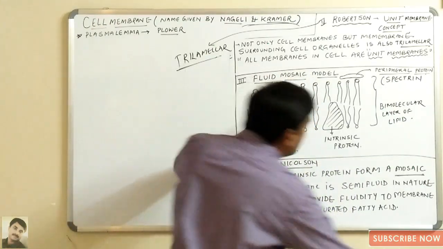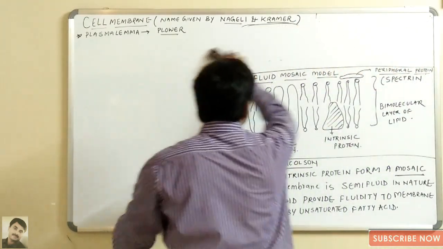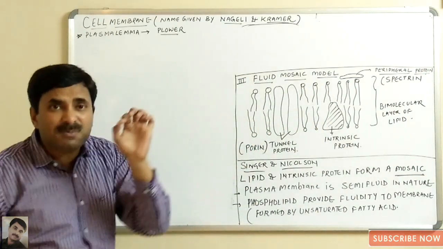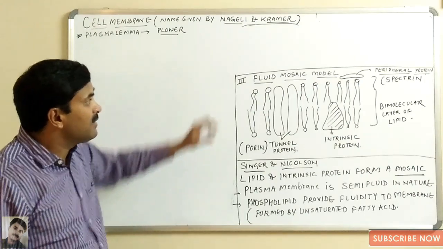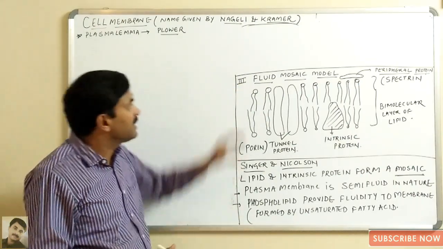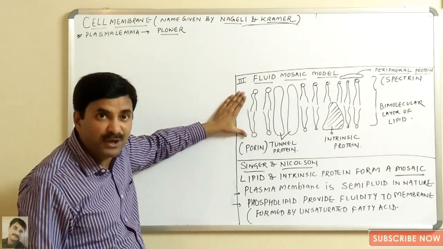Therefore, this model is also discarded nowadays. But to explain the structure of the cell membrane in a better way, the best model available to us at present is the fluid mosaic model, which I have presented in front of you.